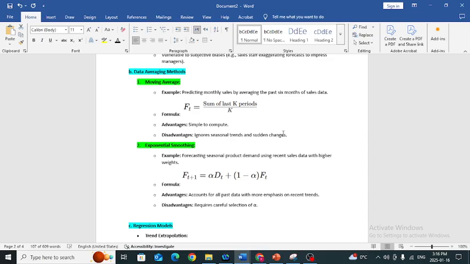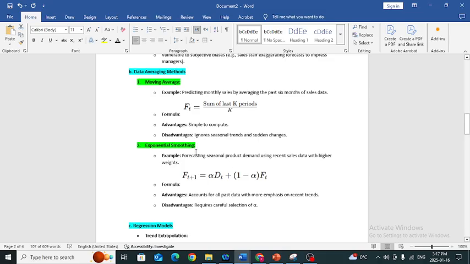But it has a major disadvantage: it ignores seasonal trends and sudden changes, and this is very important. Sudden changes and seasonal trends can help you forecast and estimate problems that may happen, or decreases and increases in what you want to produce to enhance your benefits.